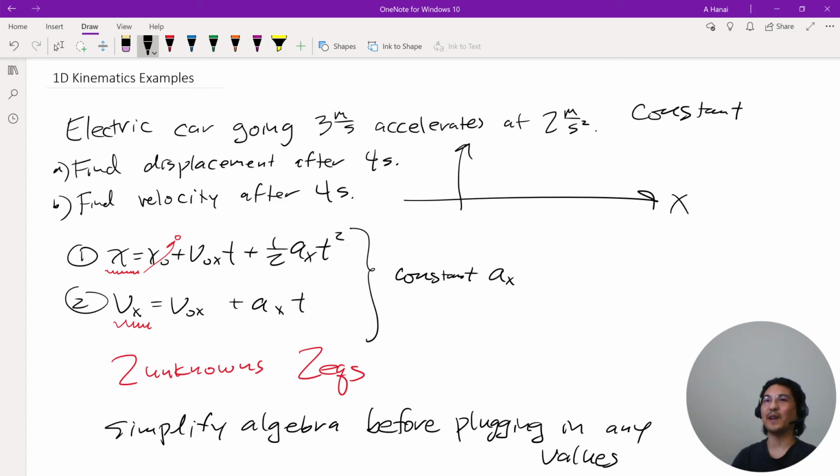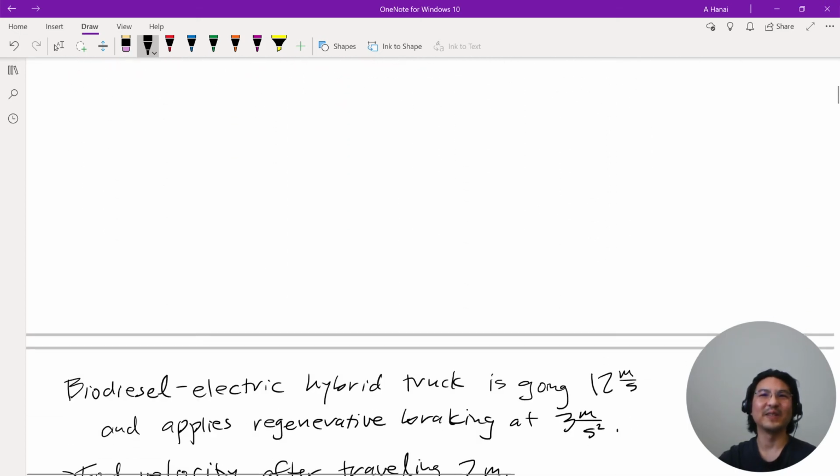You want to simplify it first, because oftentimes things cancel. If you just start plugging in numbers right at the beginning, you're basically wasting time. So it's more time efficient to simplify the algebra first. Okay, let's try another example.